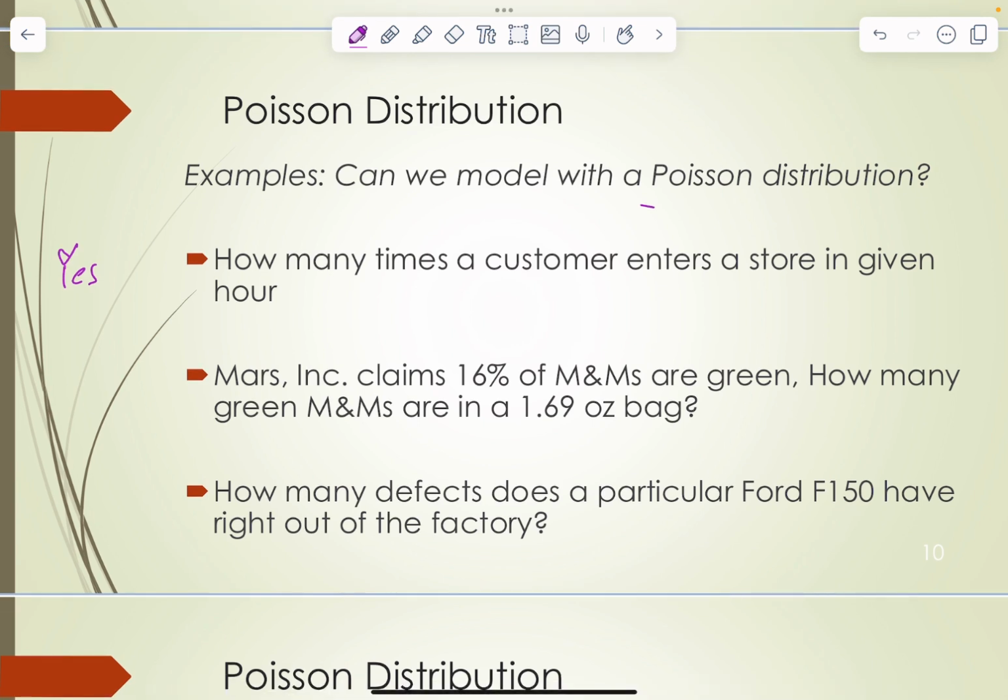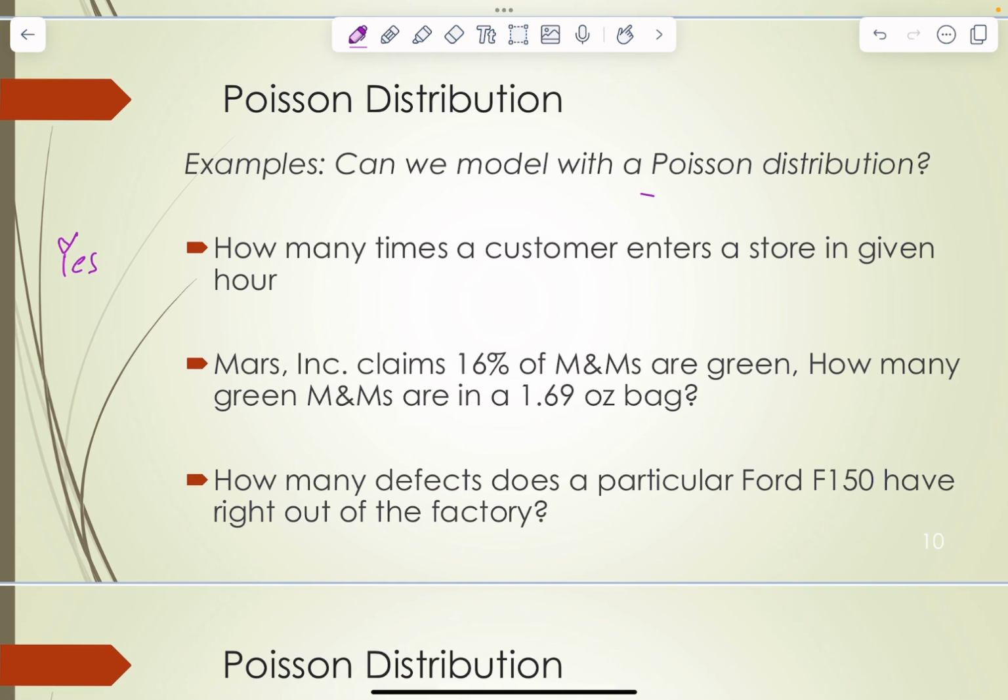Okay, Mars Inc. claims 16% of M&Ms are green. How many green M&Ms are in one 1.69 ounce bag? All right, now what is the fixed interval? Is it one bag?